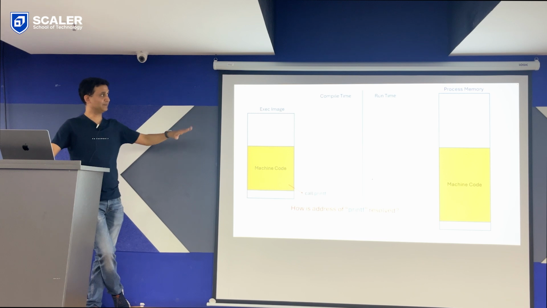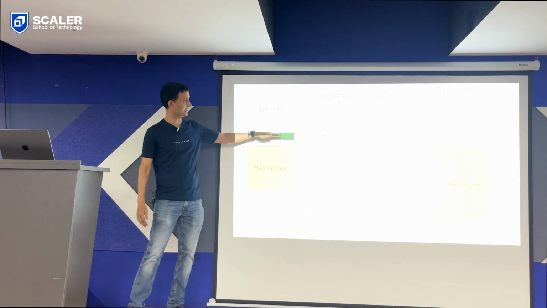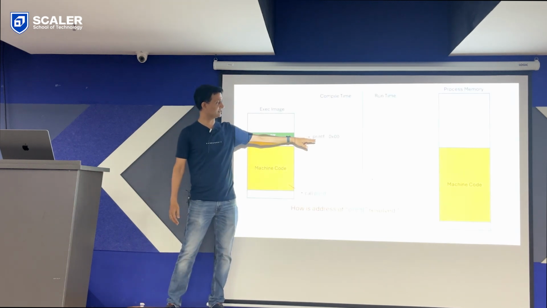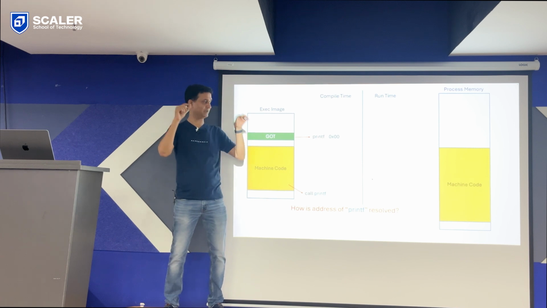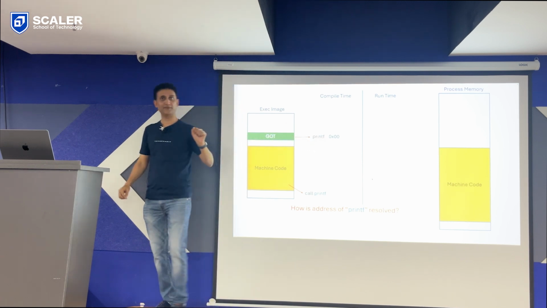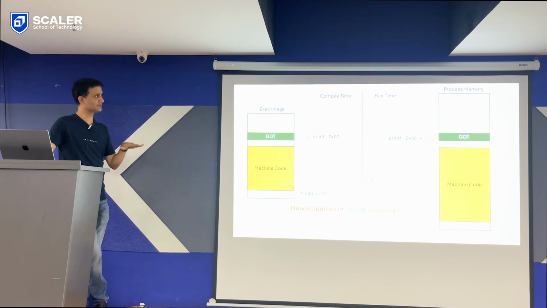To understand this, let's separate out compile time and runtime. The way it is done is something like a global offset table, where I create this symbol printf. It actually goes in as a symbol printf, and the address of printf is 00. Okay. This same thing goes up in the runtime also.